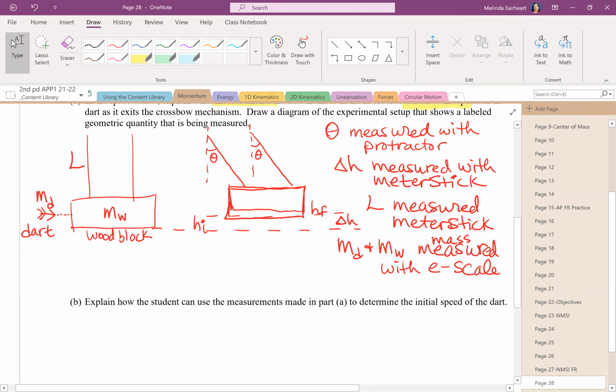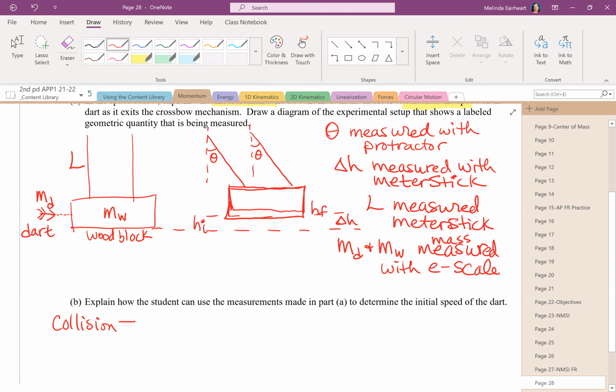What two steps are we going to have to use for how these measurements can be used to determine the initial speed of the dart? There's a collision. So for the collision part, what's your strategy? Big idea. What's the physics?